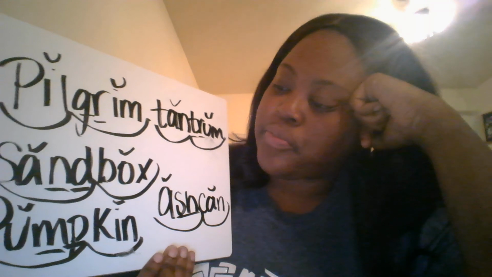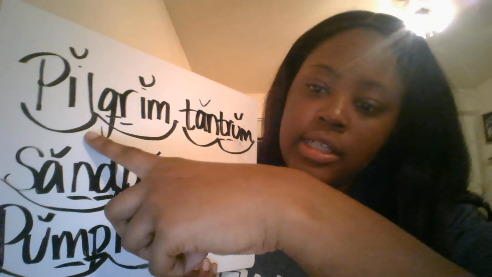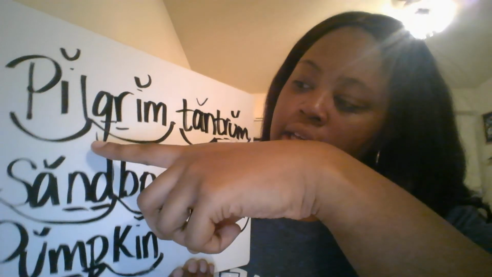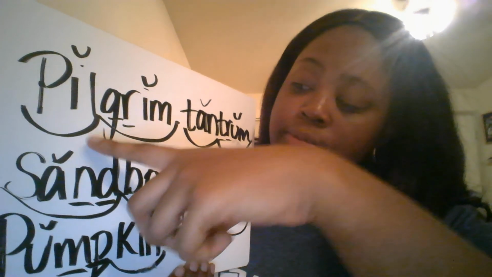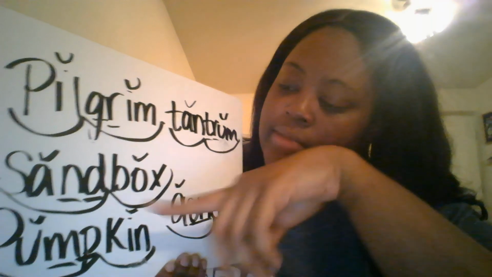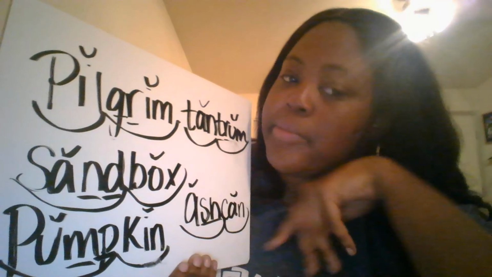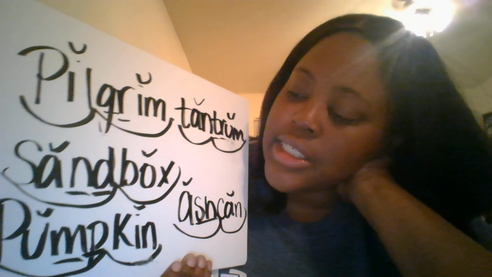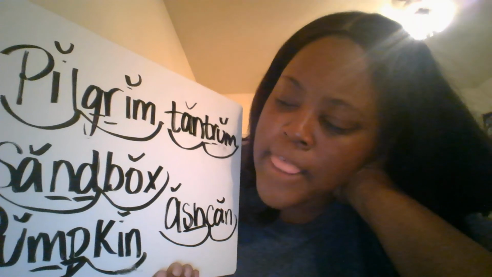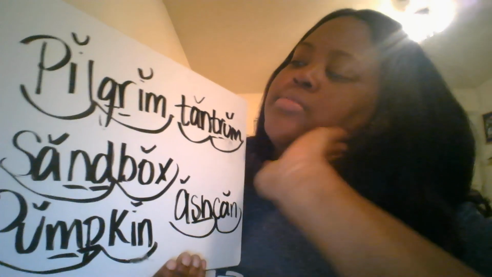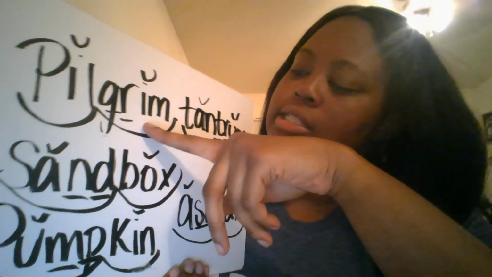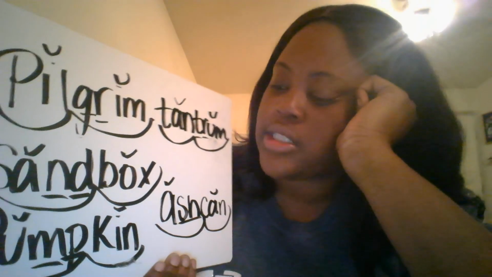So remember, when you are doing this, most times the first consonant with 3 letters in between will go with the first syllable. However, sometimes you have to pay attention to your blends. Where are your blends? Remember, blends are two consonants that flow into each other but keep their own sound. We have to keep the blends together. So sometimes the blend will go with the second syllable, sometimes it'll go with the first.